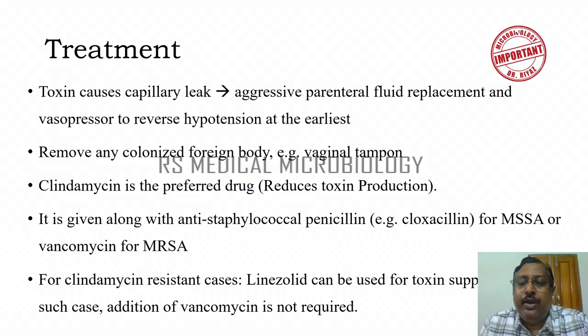And for this particular infection, the preferred antibiotic is clindamycin because it will reduce the toxin production. It can be given along with some other penicillins like cloxacillin for methicillin sensitive Staph aureus, or you have to go for vancomycin for MRSA. If at all the patient is resistant to clindamycin, linezolid can be used in these cases.